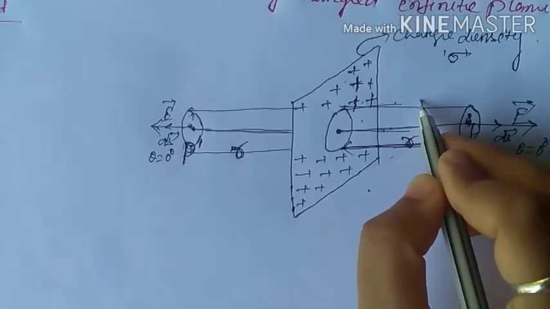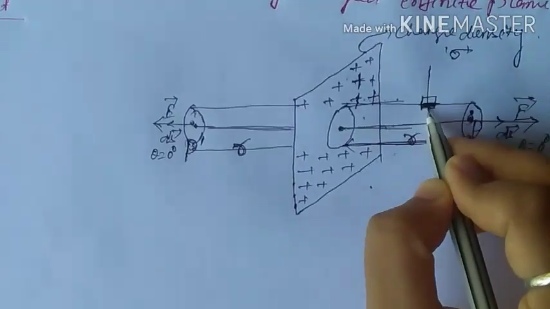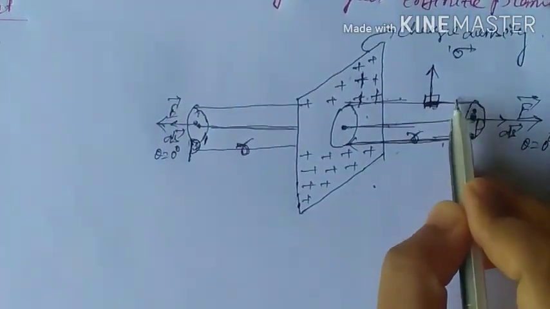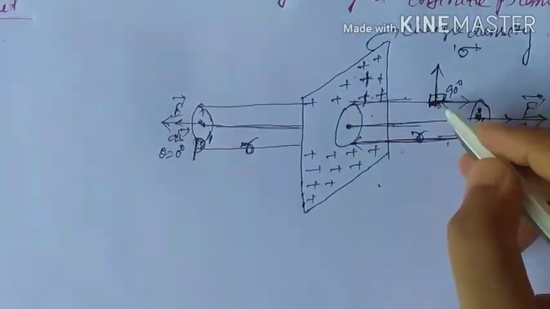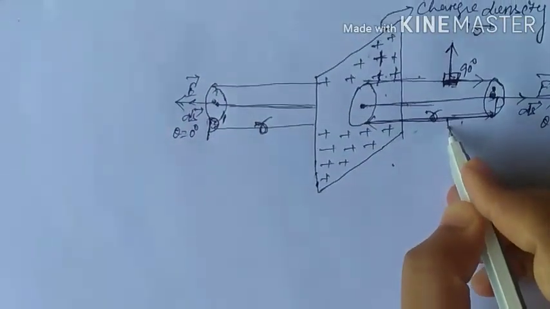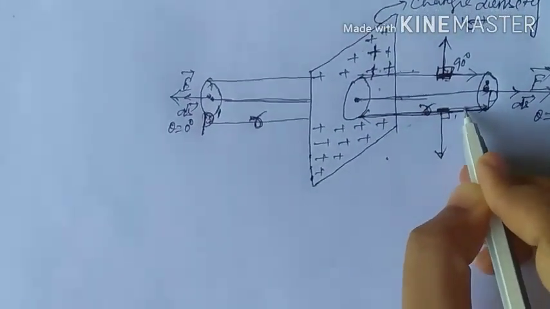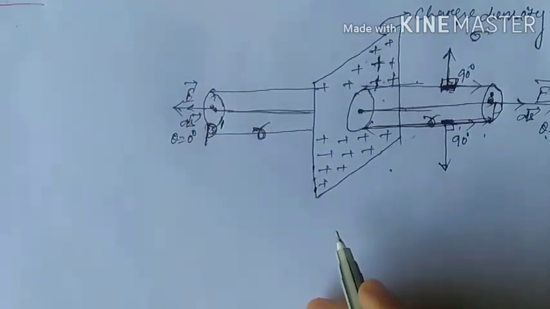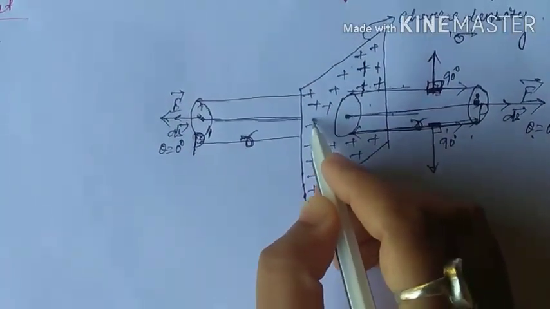Here suppose this is my area vector, and the electric field direction is this, so the angle between them is equal to 90 degree here and here too, on this side too. So on the curved surface it is 90 degree and here it is 0 degree. So this is all about our construction part.